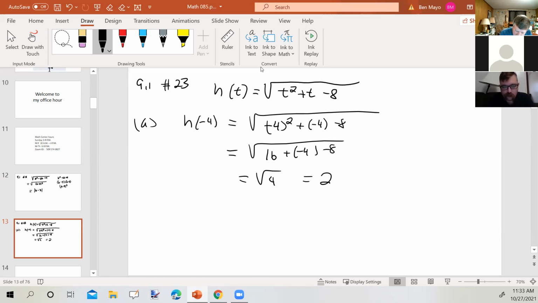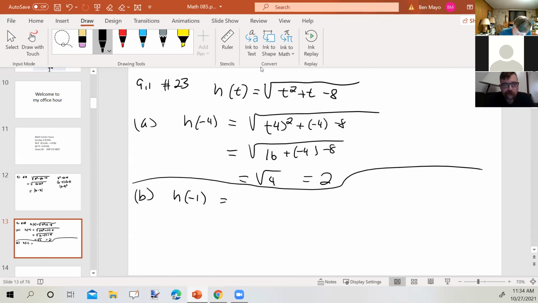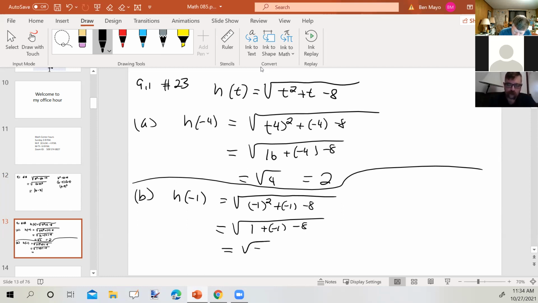Then the second one says, find h of negative 1, which would be the square root of negative 1 quantity squared plus negative 1 minus 8. Negative 1 times negative 1 is 1, plus negative 1 is 0, minus 8 would be the square root of negative 8, which is not real.